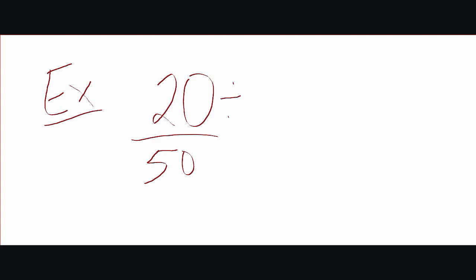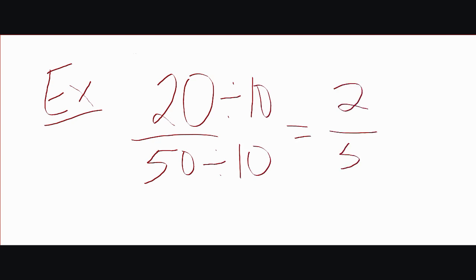So if I divide the top by 10 and the bottom by 10, I get 20 divided by 10, which is 2, and 50 divided by 10, which is 5. Now that I have this new fraction, I have to ask myself, is there any number that goes into both 2 and 5? The answer to that question is no, which would mean that this is our reduced fraction.